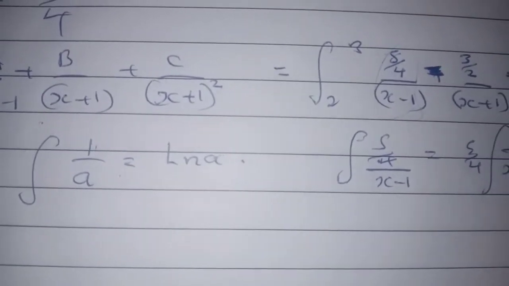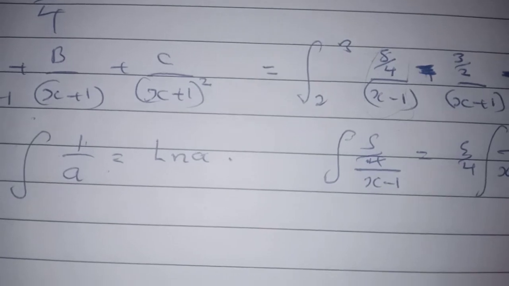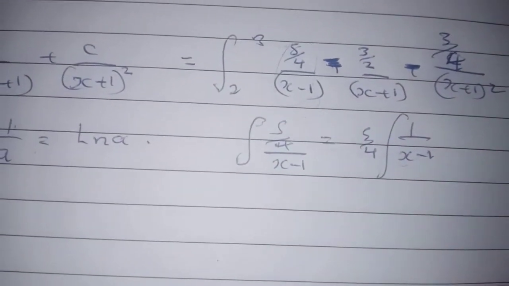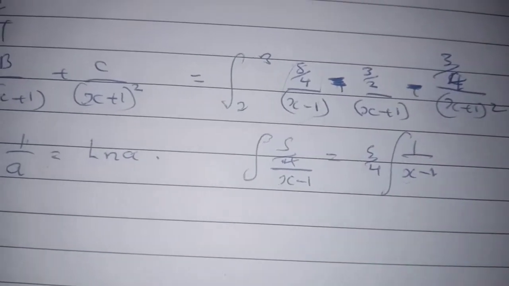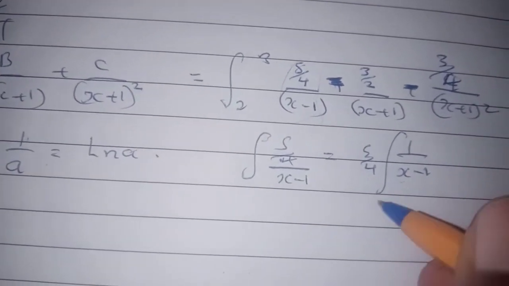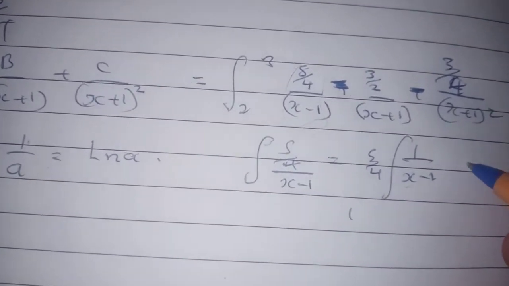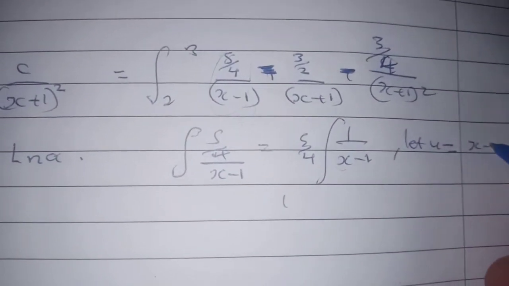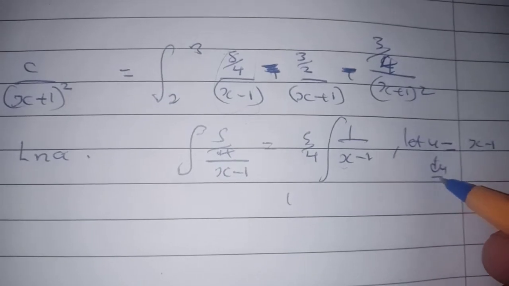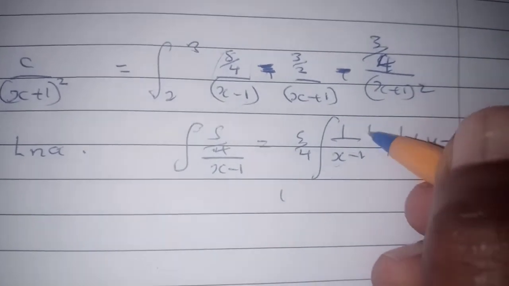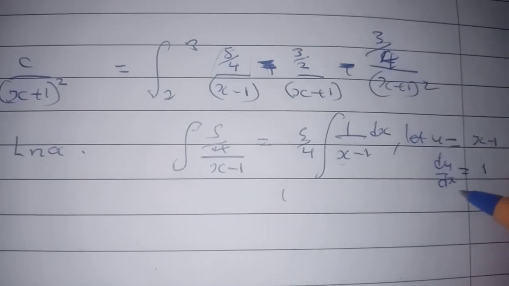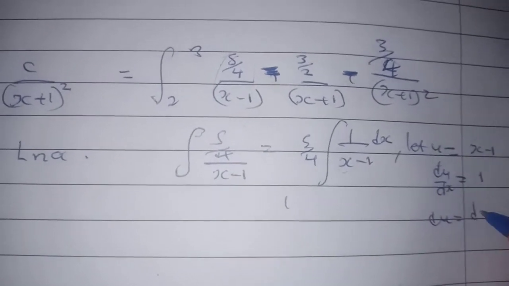So for the integral, just substitute this one to be u. When you substitute, what happens? Just use u substitution. Let u equal x minus 1. Therefore, du dx is just 1, since we are integrating in terms of x. So du equals dx. Now let's integrate.